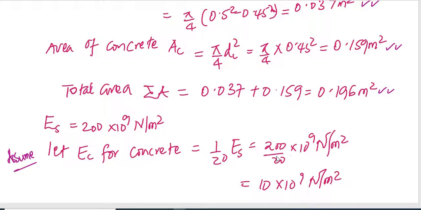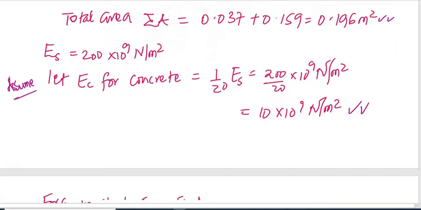Usually the modulus of elasticity for materials such as concrete is so much less than for materials, for example, steel. Therefore, 1/20 of ES will give you 200/20 times 10 to power 9, and this would give you 10 times 10 to power 9 Newton per square meter.